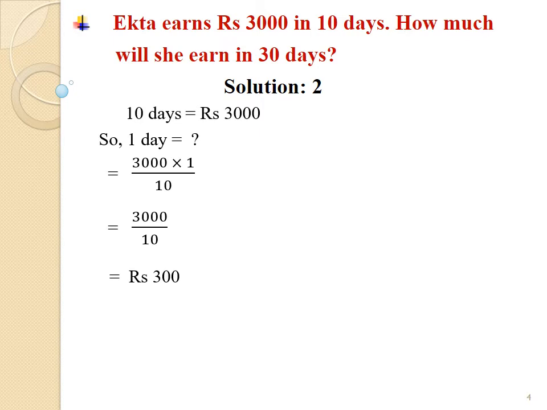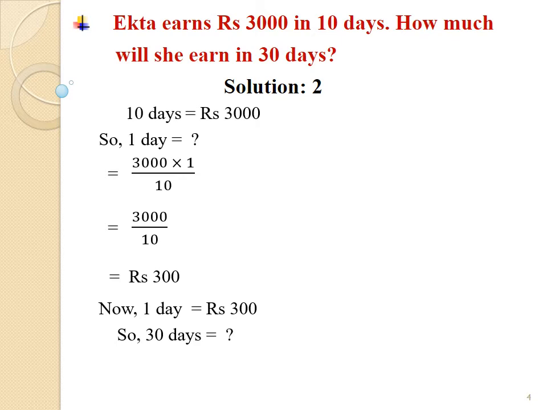Now, let us find the amount Ekta will earn in 30 days. 1 day equals to rupees 300. So, 30 days equals to how much? By cross multiplying, we get 300 multiplied by 30 upon 1.